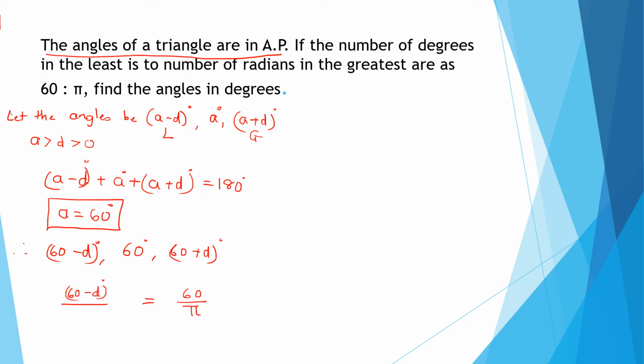To that of radian. Radian कितना आएगा? 60 plus d. Correct? Now convert any one of them. I'll make it easy. I'll convert this degree into radian. 60 minus d degree को I'll convert into radian. Correct? So what you will get? Tell me.